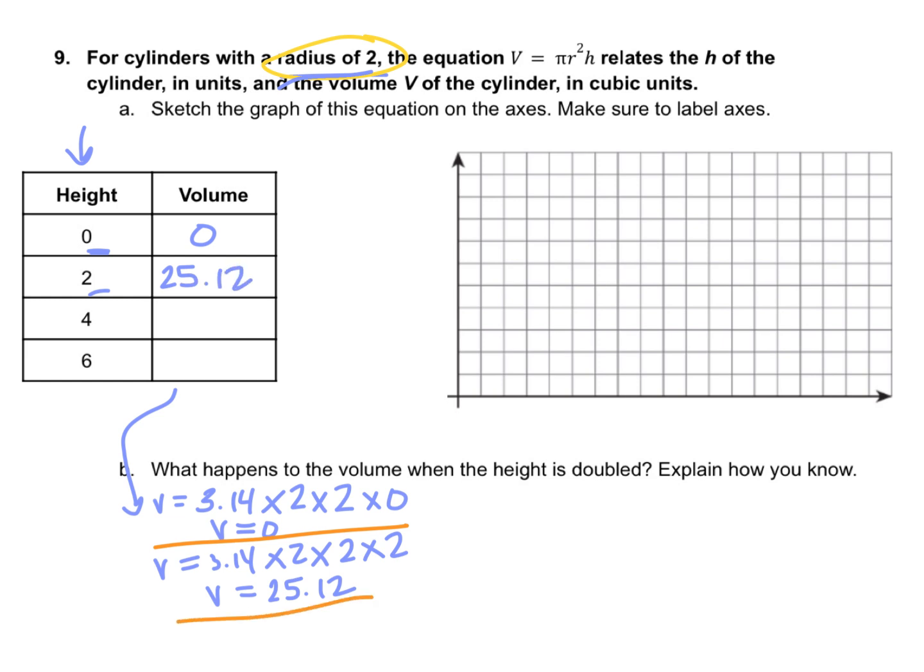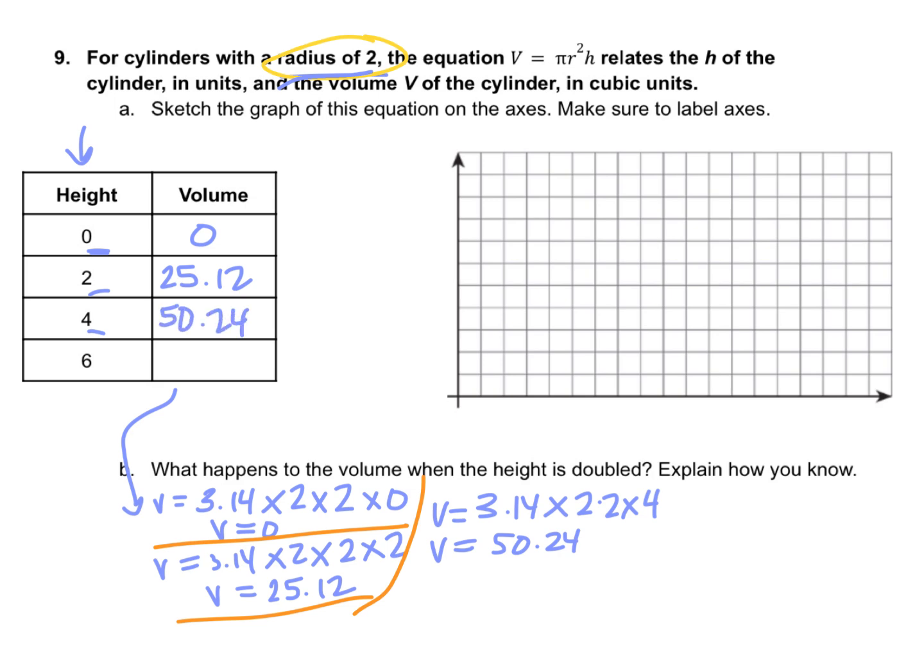Okay, now I'm going to continue. This time the height is 4, so V equals 3.14 times 2 times 2, because the radius is always 2, but now my height is 4. And that gives me 50.24.